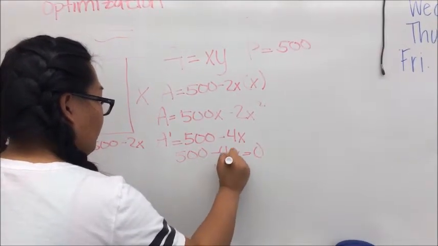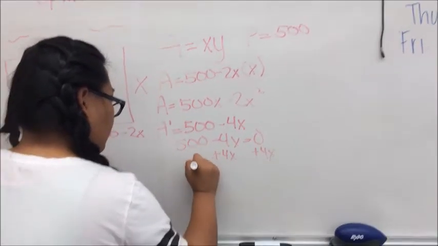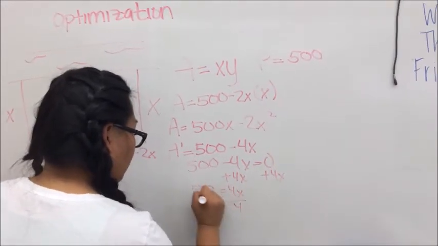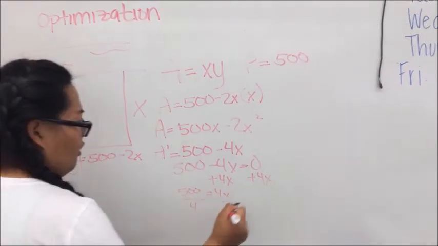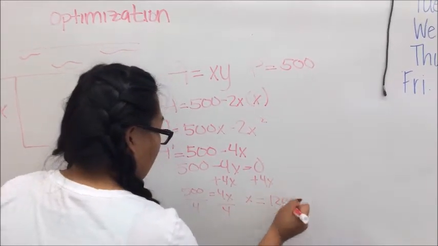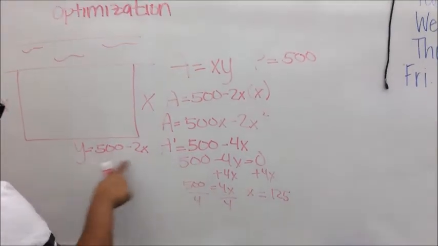So plus 4x on both sides. You get 500 equals 4x, divided by 4, divided by 4. The x equals 125.